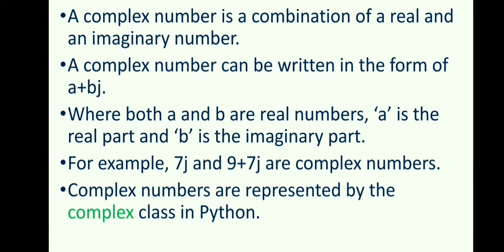A complex number can be written in the form a + bj, where both a and b are real numbers. a is the real part and b is the imaginary part. For example, 7j, where the real part is 0, and 9 + 7j are complex numbers. Complex numbers are represented by the complex class in Python.